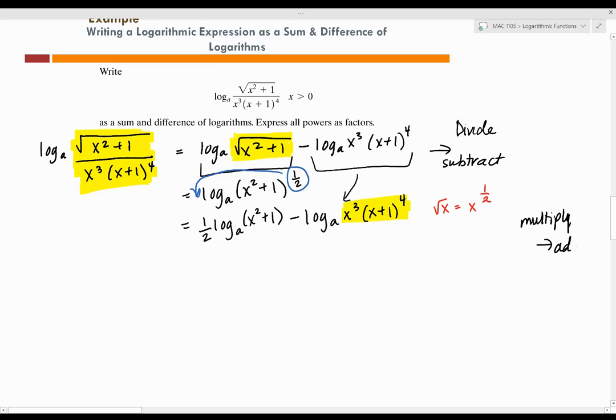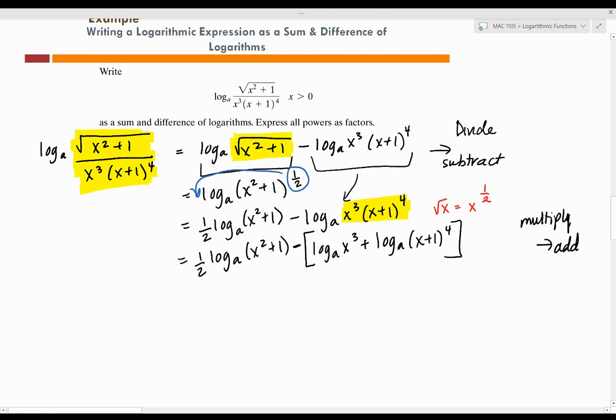So where that multiplication occurs, I'm going to expand it using addition. This first part remains the same, the expression that we've already fixed. I have minus, and now I'm going to put a bracket here. The reason I put a bracket is because this expression follows a minus sign. Once I'm done completely expanding it, I have to remember to distribute that negative sign to everything that comes behind it. So I'm going to have log base a of x cubed plus log base a of (x plus 1) to the 4th power.